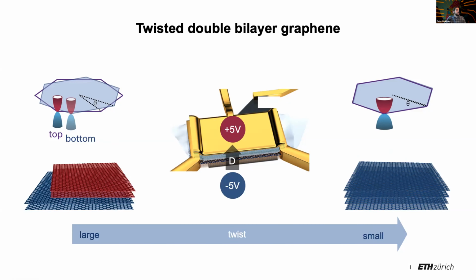At zero density, I find two Fermi surfaces which are exactly the same. So you can connect them with one single nesting wave vector Q. So they really lie perfectly on top of each other. And this favors this correlated state.